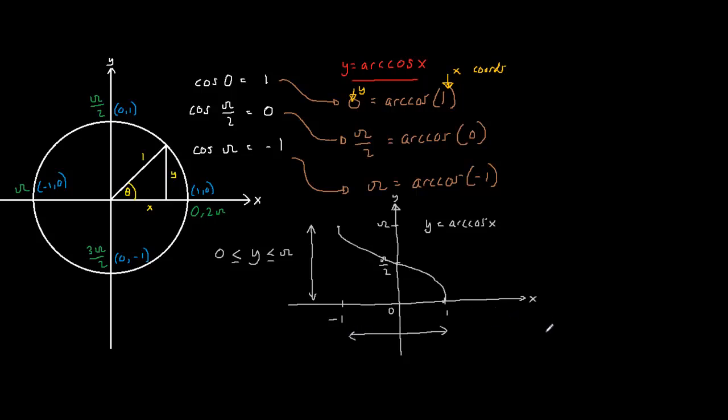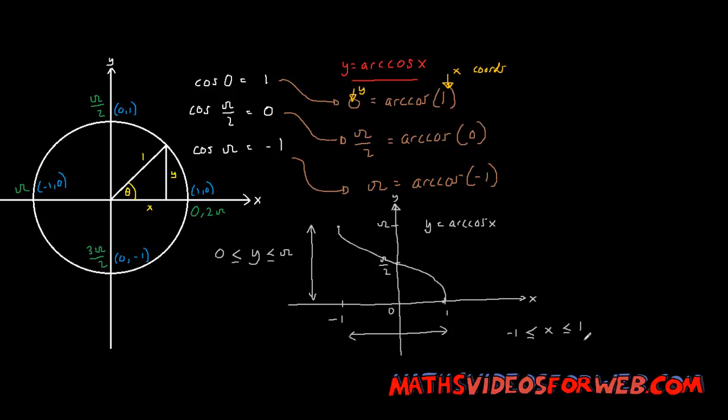And x should be less than or equal to 1 and greater than or equal to minus 1. So this is the domain of the graph, and this is the range of the graph.